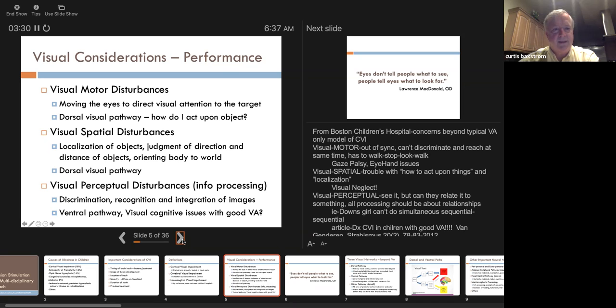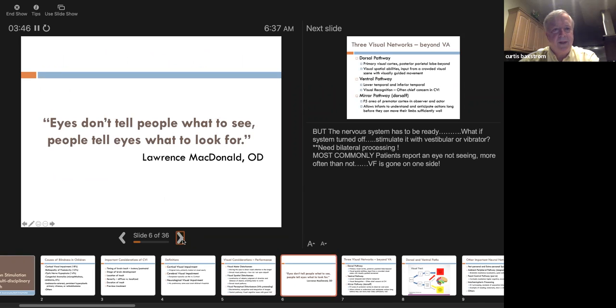And then lastly, visual perceptual disturbances: being able to see, recall objects from memory, and discriminate shapes and things like that. So visual considerations are quite broad, and that's why the term NVI seems very appropriate.